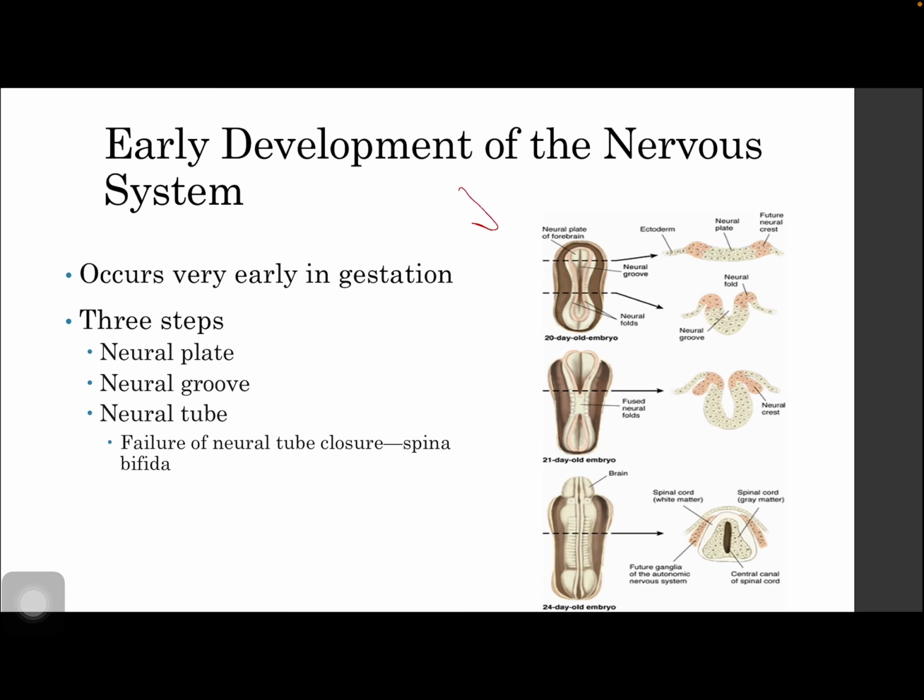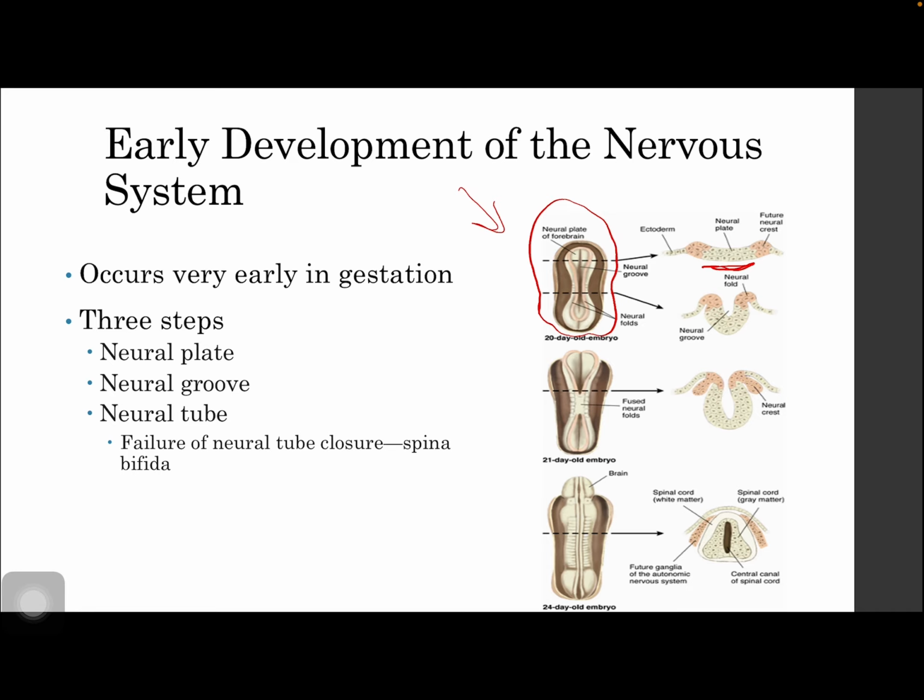So here, in this first picture, you see that it starts as something called a neural plate. So this is an example of a 20-day-old embryo. And here you can see the base, right? You can see that it actually forms a plate of cells. It's kind of like a flat plate.